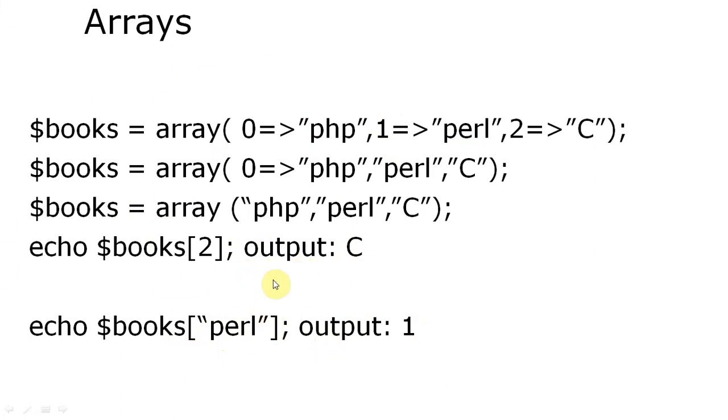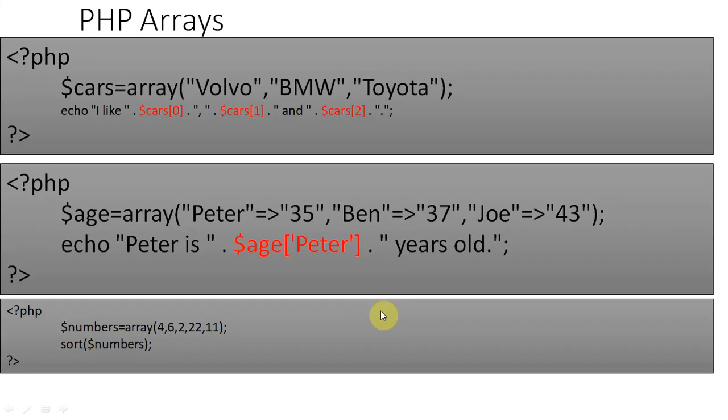So this is array. And now you can see some more arrays. This is a piece of PHP program. The program starts with question mark and PHP, and then we have this cars array, and we have mentioned Volvo, BMW and Toyota, three values in this cars array.